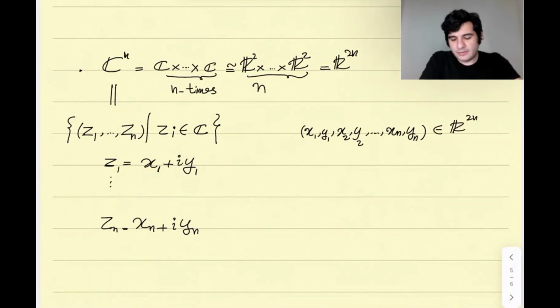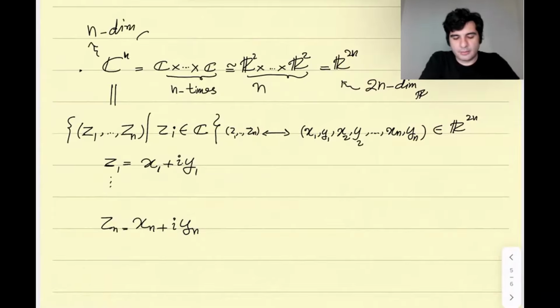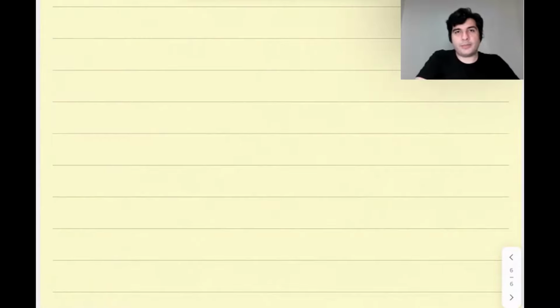So we identify this point with (z1, up to zn). That shows C^n is essentially R^2n. So this is 2n-dimensional as a real space, but it's n-dimensional as a complex space.